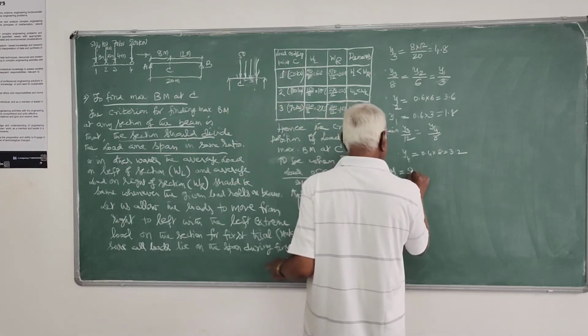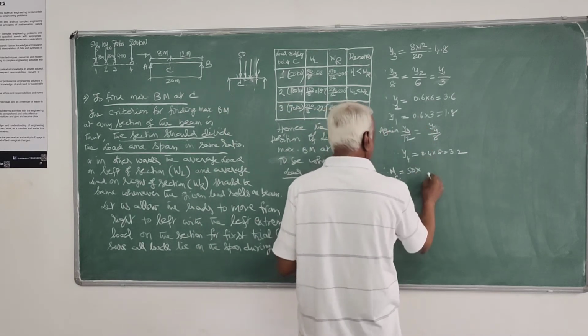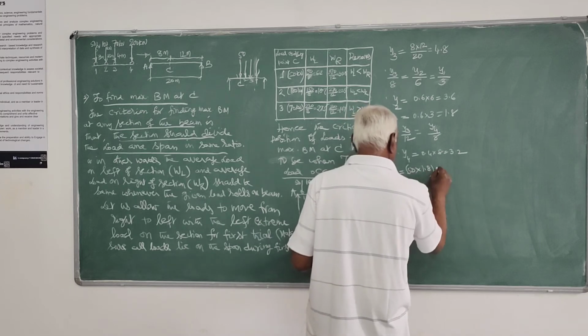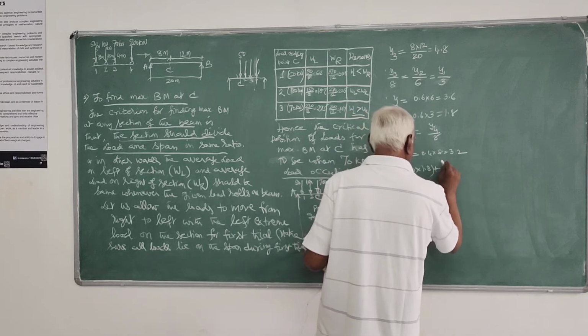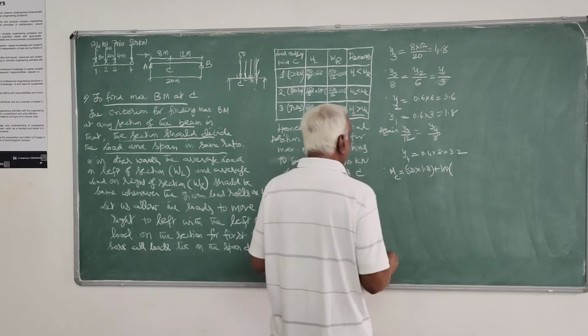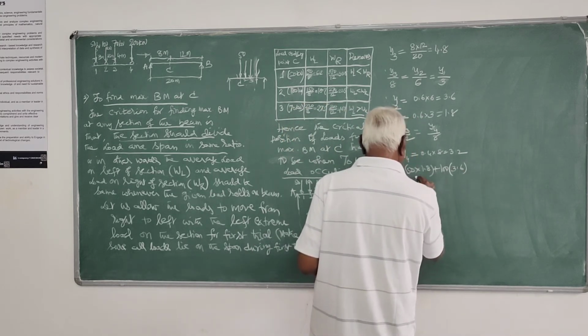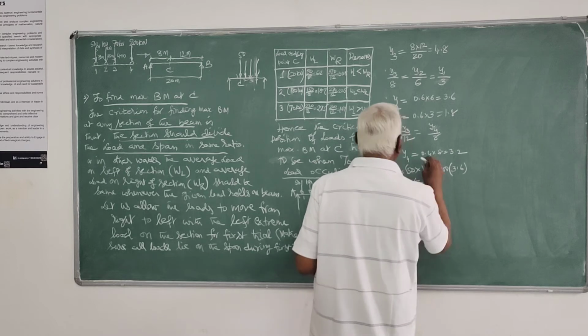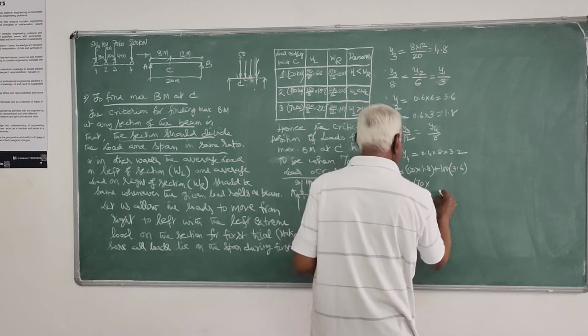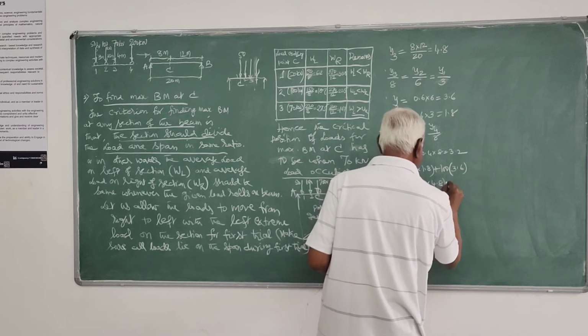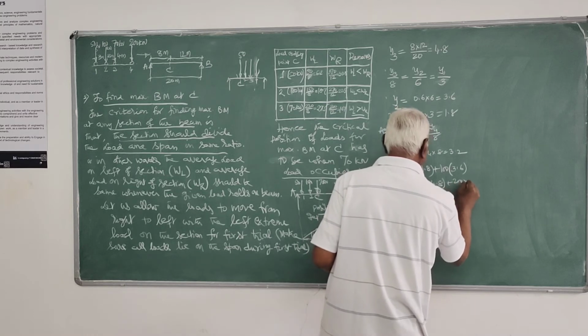to 50 into Y1, 1.8, plus 100 into Y2, Y2 is 3.6, plus 70 into Y3, Y3 is 4.8, plus 200 into Y4, 3.2.